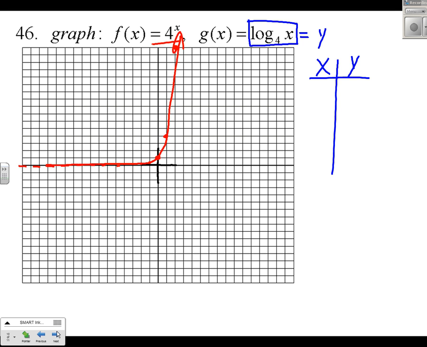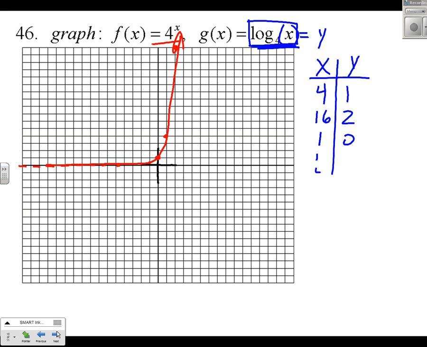Well, if x was 4, the exponent that turns 4 into 4 is 1. And if x is 16, the exponent that turns 4 into 16 is 2. And then I'd have to jump to like 64, which doesn't fit on my graph, but I could say if x was 1, what is the exponent that turns 4 into 1? 0 does.